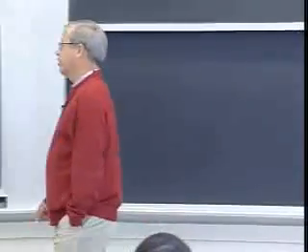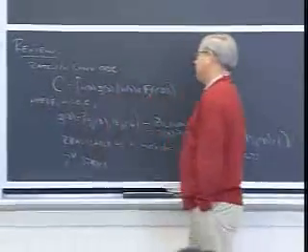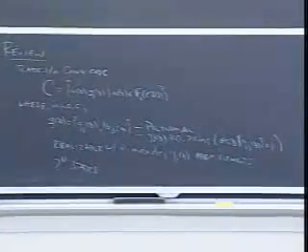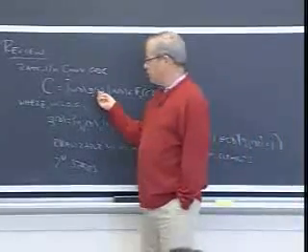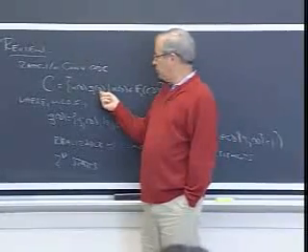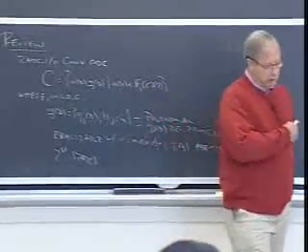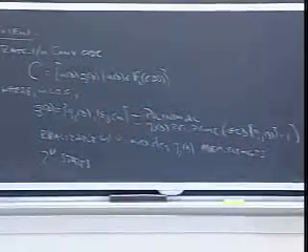For rate 1 over n codes, just to review, the code is simply defined as the set of all possible output sequences of a convolutional encoder whose n impulse responses are written as an n-tuple g of D, as the inputs range over all Laurent sequences, bi-infinite sequences.